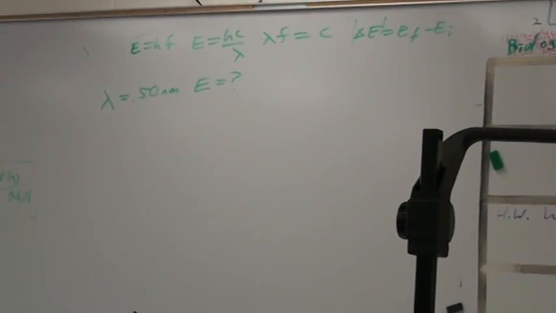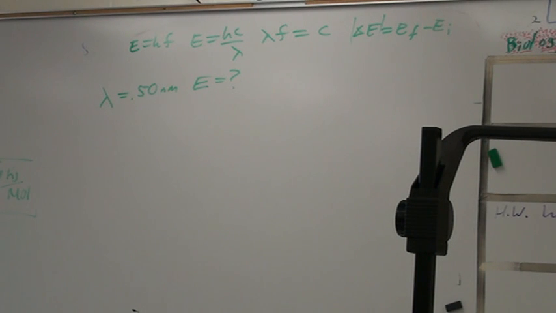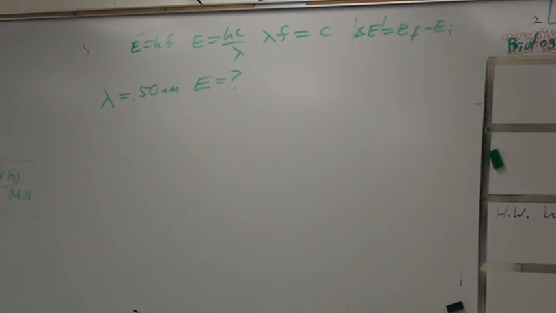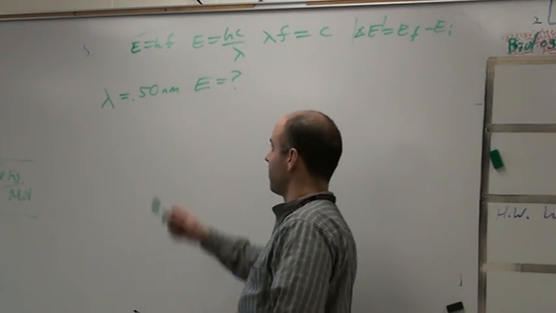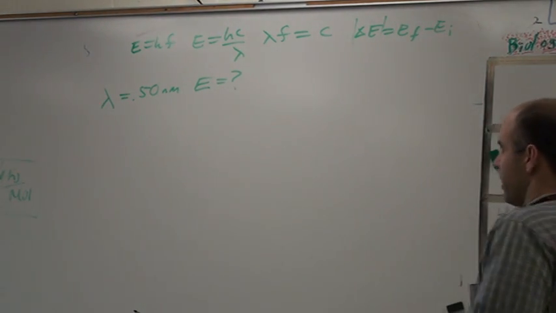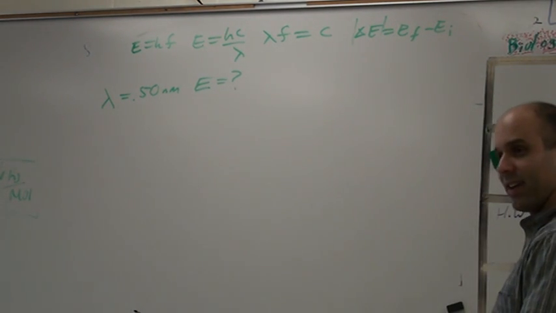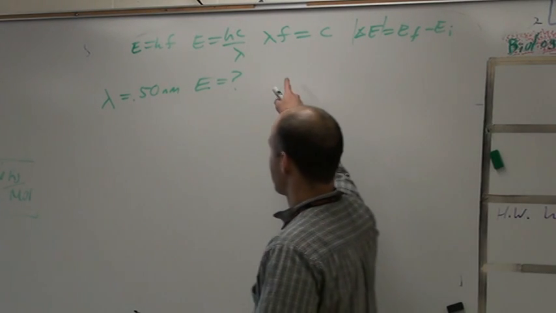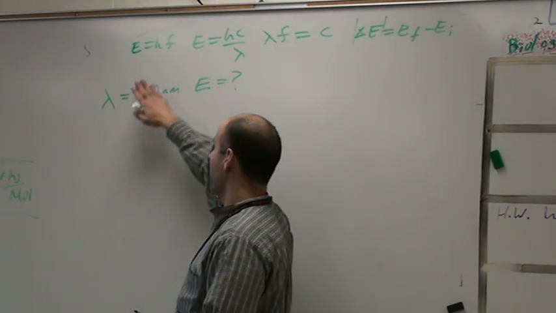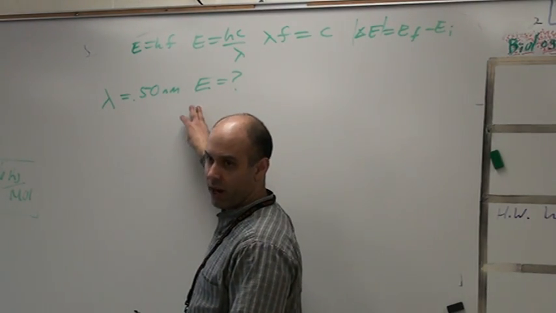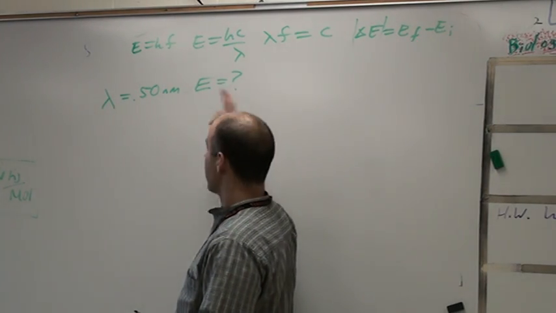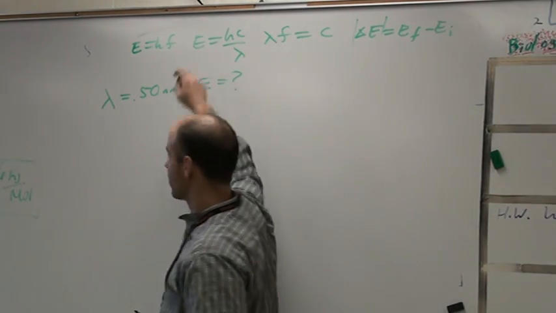So then, which equation should we use? Which one has wavelength and energy in it? The second one. So this is the equation that we use. So by writing down what you know and what you're trying to find will help you pick the right equation. Because both these things have to be in it, and that's the only one that it is.